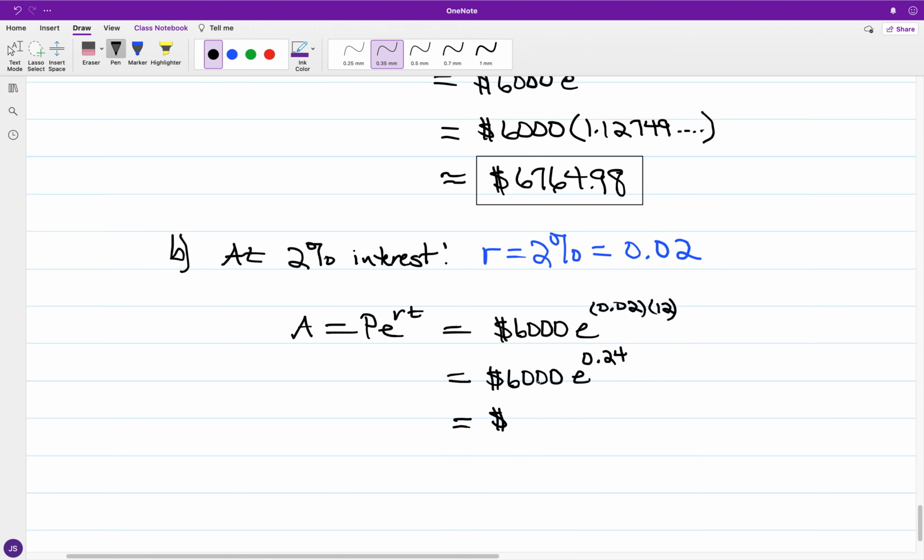Your calculator might be able to multiply these directly into the final answer. For e to the 0.24, this would be about 1.27124.